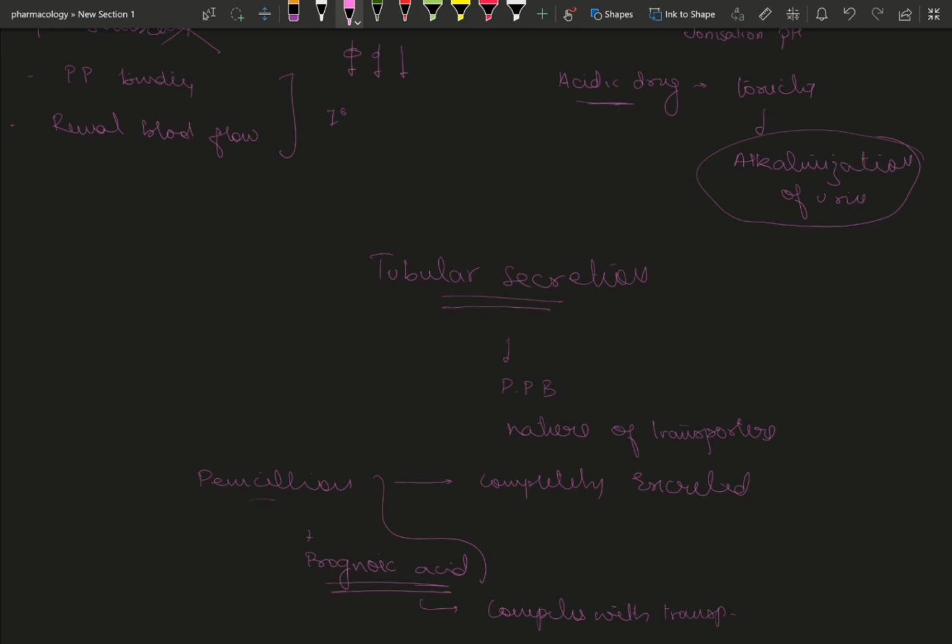So penicillin again enters the circulation and gives its required therapeutic effect. You must be remembering that if there is competition, transporters would not allow the drug to get excreted and it will accumulate, leading to toxicity.